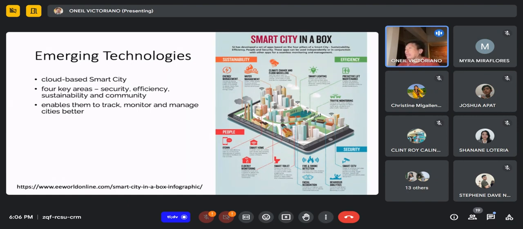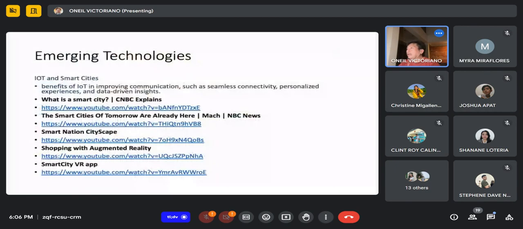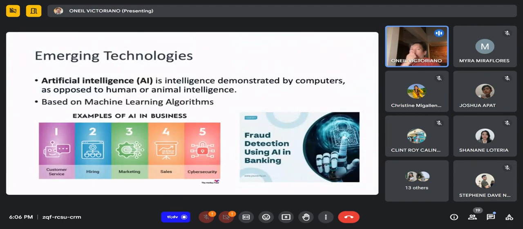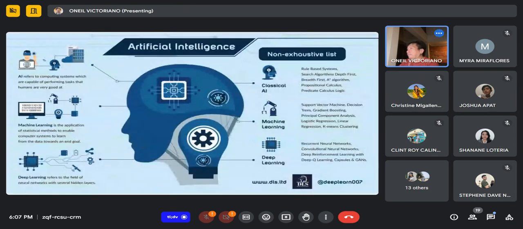And all of these are basically cloud, so they are working in the cloud. And lastly, we have AI. The basis for the AI is machine learning and of course data science or deep learning.